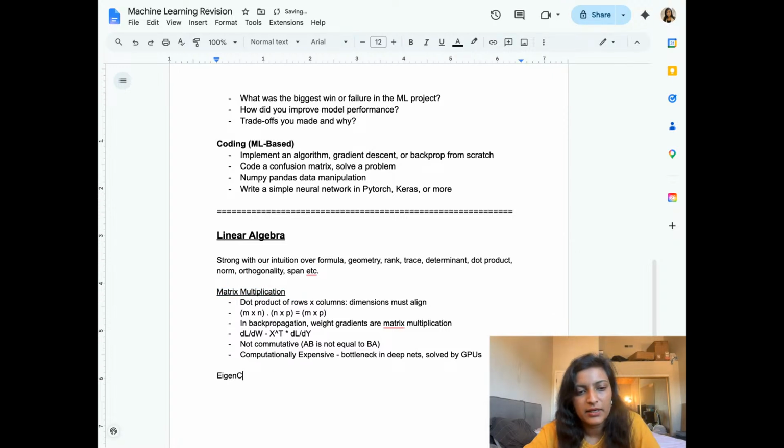Next we have eigenvalues and eigenvectors.